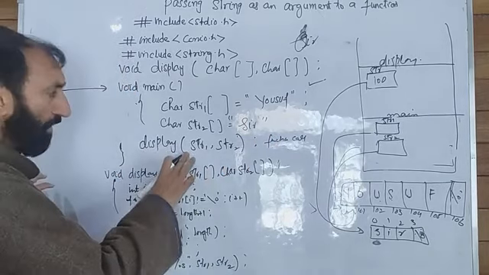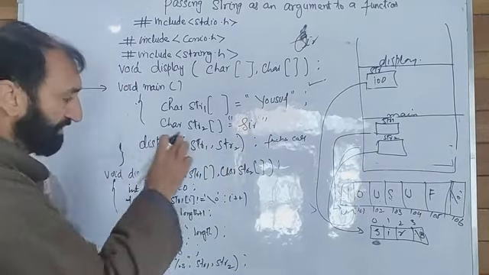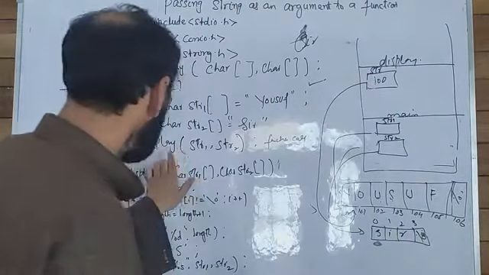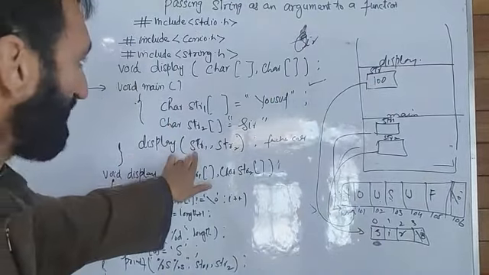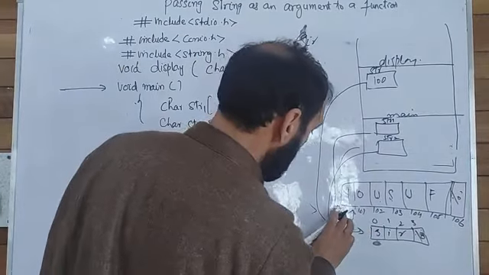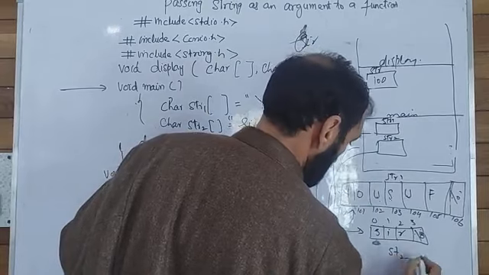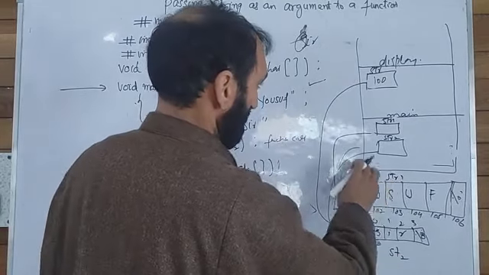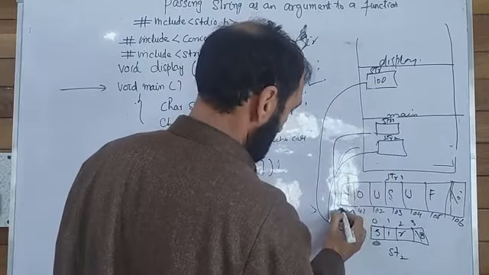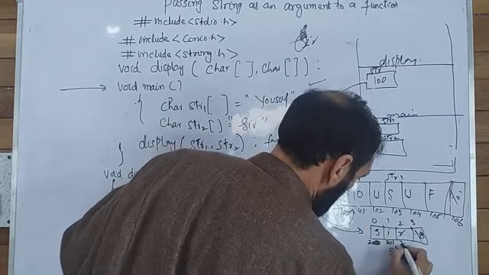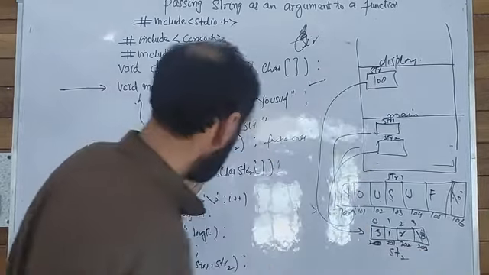The display function is going to be called by passing the two strings str1 and str2. That means the address of this str1. This is str1, this is str2. The address corresponds to 100. 100 is the address of this. For example, you have 200, 201, 202 and 203.